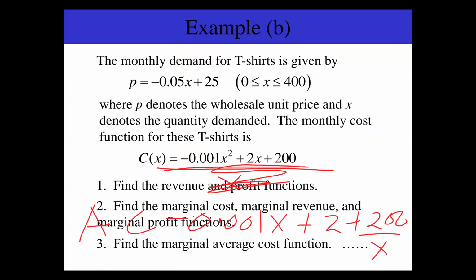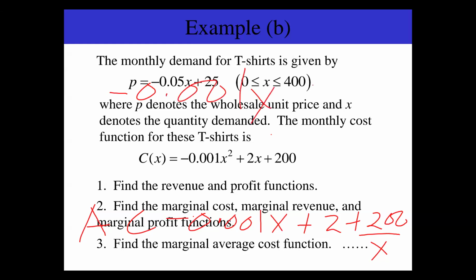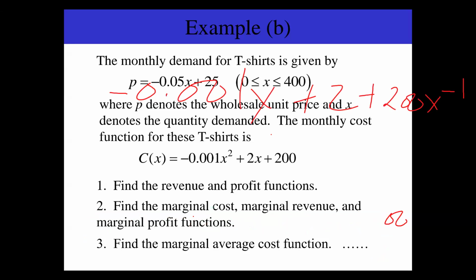And so we can rewrite this as negative 0.001x plus 2 plus 200x to the power negative 1, right? Yeah. And now this is the average cost function. We can differentiate it to find the marginal average cost.